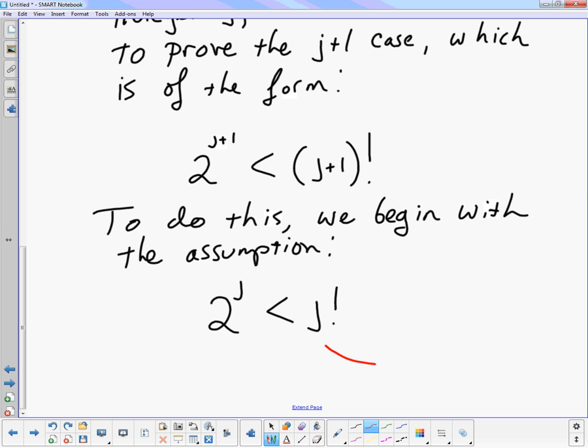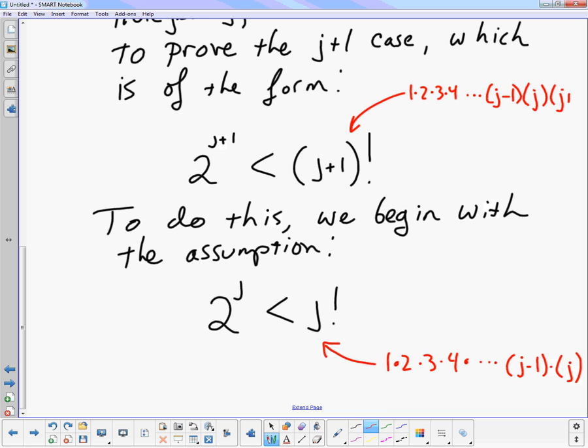So this is 1 times 2 times 3 times 4 all the way up to j minus 1 times j, right? It's multiplying every number all the way on up to j, right? And then this factorial here, this is 1 times 2 times 3 times 4 all the way up to j minus 1 times j plus 1.